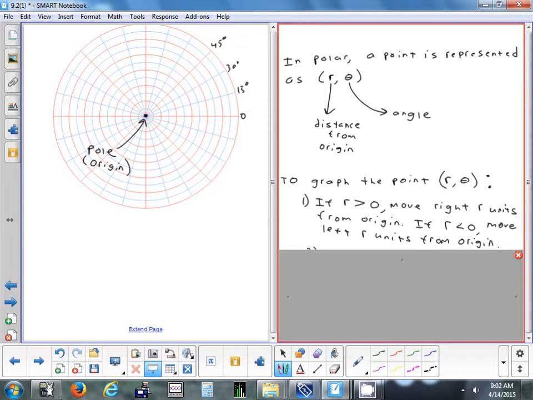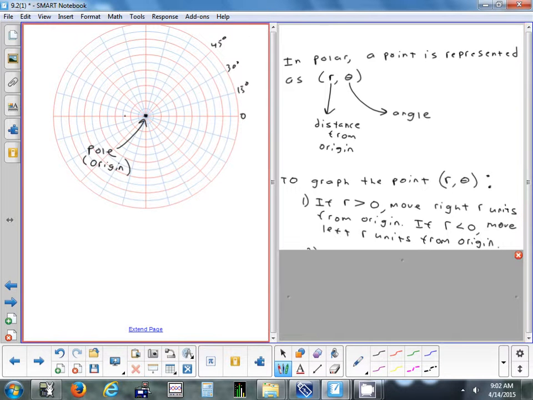If it was 2.5, go in between the second and third ring. If r is negative, you're going to go to the left. Right? So if r was -5, you'd count left 5 units and start 5 units left. So any question which way you move for r, left or right?